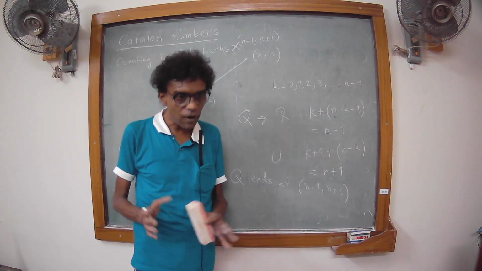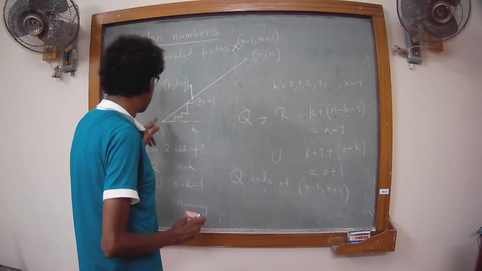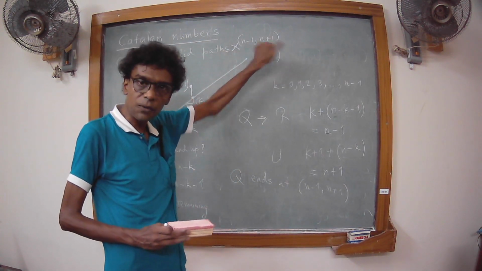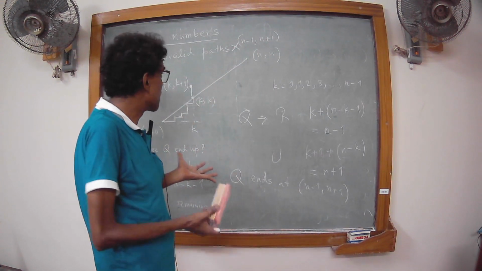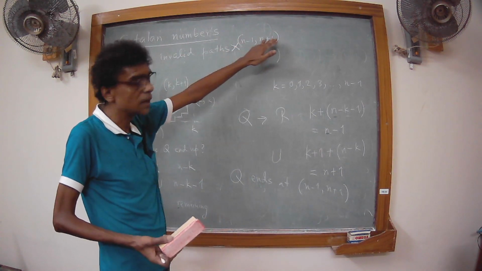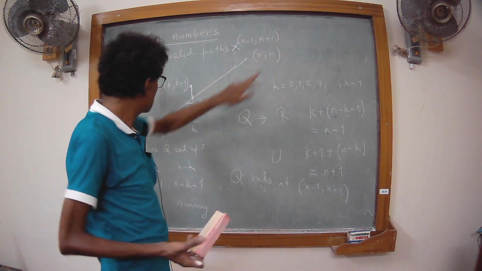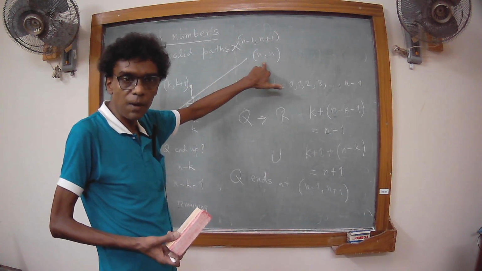Therefore, the number of invalid paths is exactly equal to total number of paths from 0, 0 to n minus 1, n plus 1. And these are unrestricted paths. Any path from 0, 0 to n minus 1, n plus 1 will give an invalid path from 0, 0 to n, n. There is no problem.